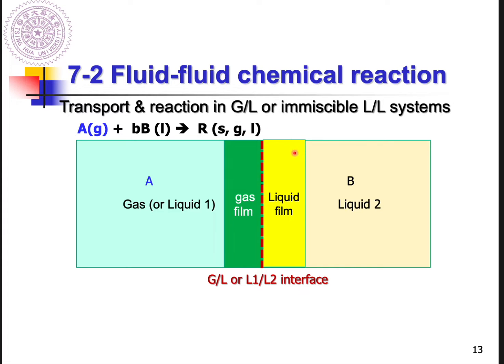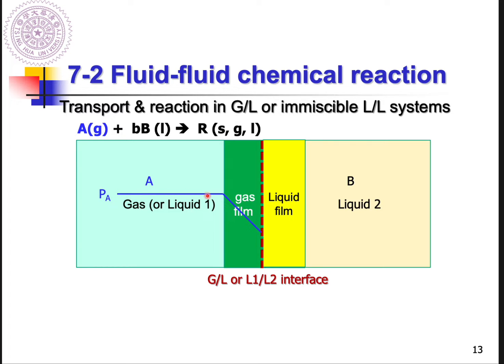So left is the gas film, and right-hand side is the liquid film. What you have is the gas A, right? In order to describe the concentration of the gas, usually we use the partial pressure of reactant A, PA, to describe how much gas we have.